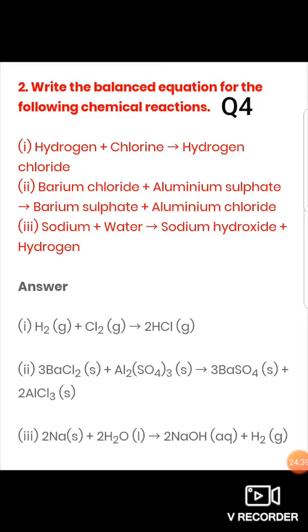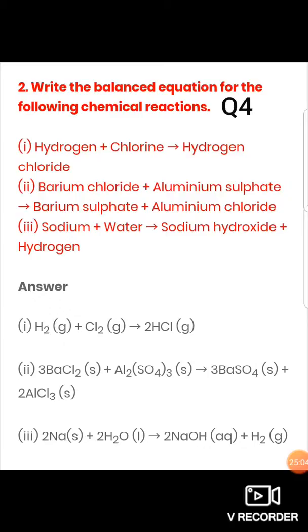To solve this chemical equation, first you write down the symbols of every element as given in the question. For example, the first chemical equation is hydrogen plus chlorine. So write the symbol of hydrogen, it's H2, chlorine Cl2, gives hydrogen chloride.